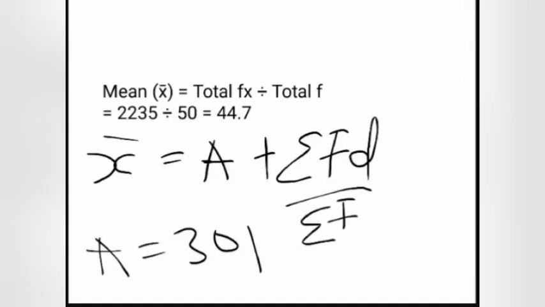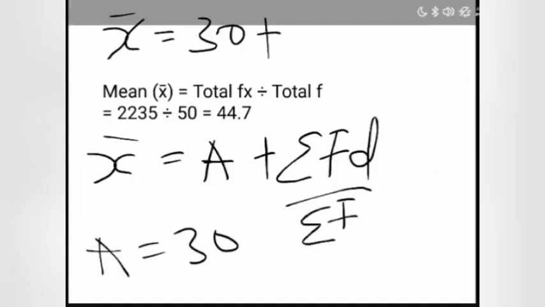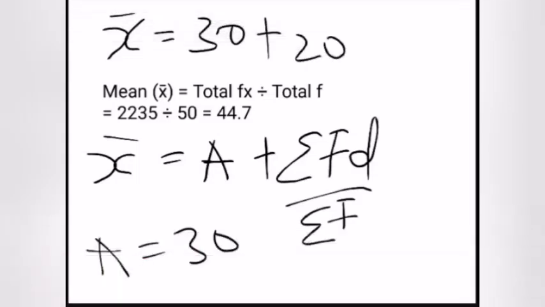Your mean, that's X, is going to be 30 plus 20 over 50.